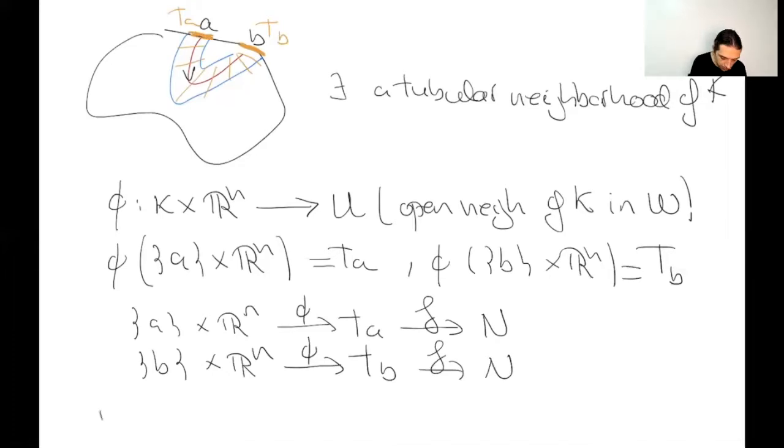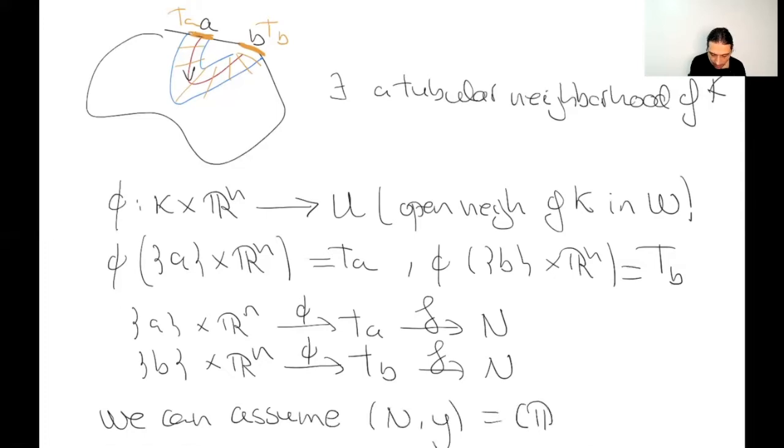Moreover, we can assume, since the theorem has a local nature in the neighborhood of Y, that N is just R^n and Y is 0. That doesn't change anything. The interesting part of this construction is that these two f's have opposite degrees. But we already know that these maps over here have also opposite degrees. The reason is that when we are traveling along the path K, at one of the points we have to get in, and at the other of the points we have to get out.